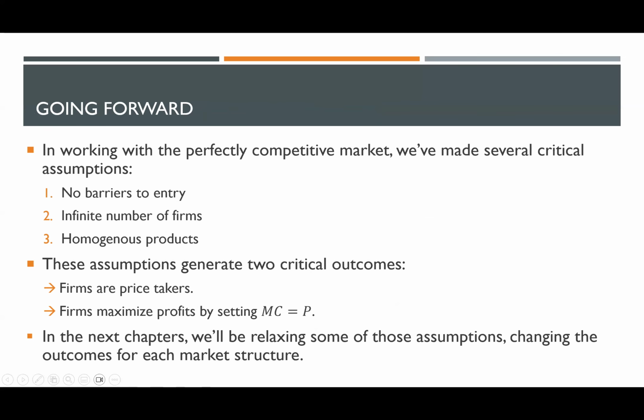With that, this concludes our lecture on the perfectly competitive model. There's going to be one more video going through the practice problems for this chapter, but going forward, we're going to move on to chapter 3, where we see this model applied and look at some specific interventions in the market, notably price controls, subsidies, and taxes.